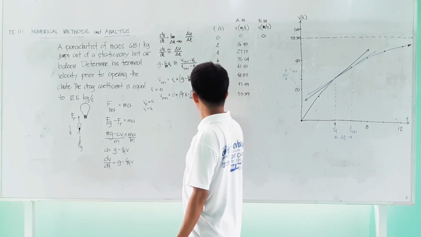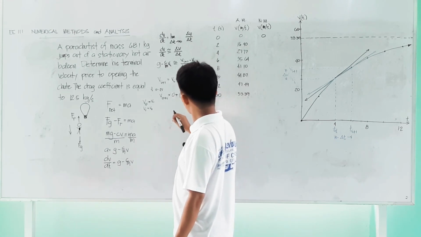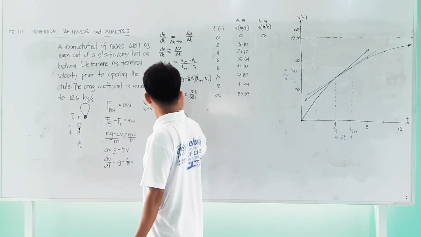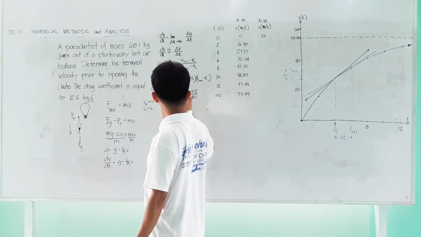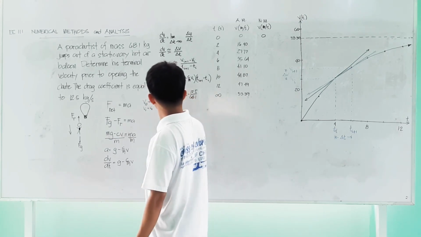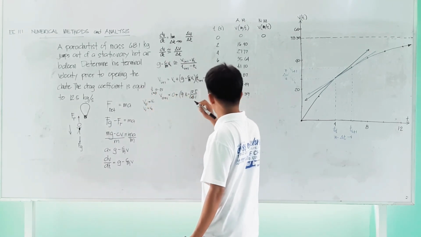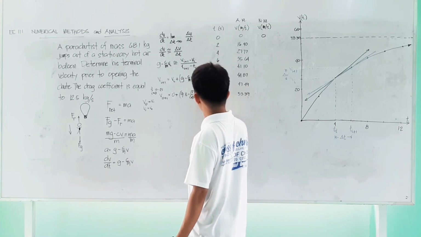Then at i equal to 0, so v at i equal to 0, this is 0.